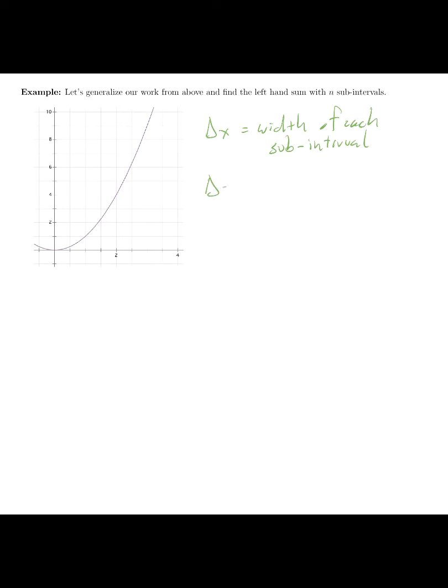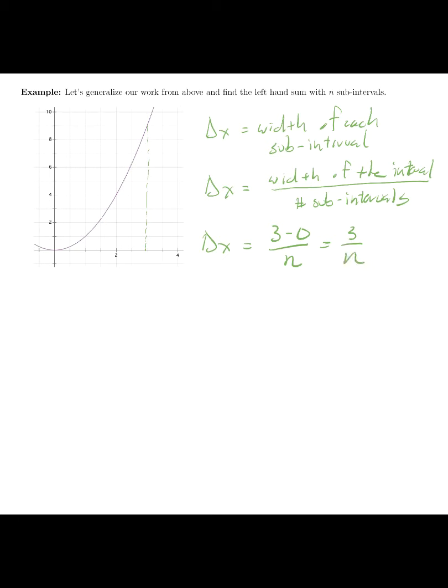And it always looks like the width of the full interval divided by the number of subintervals. So in this case, we're still looking from 0 to 3. And in this case, delta x is the width of that full interval, which is 3 minus 0, divided by the number of subintervals, which is 3 over n.